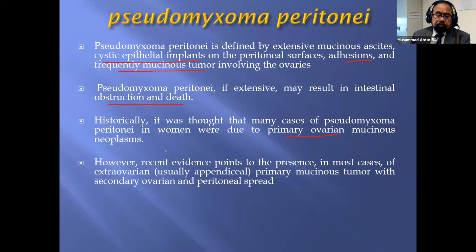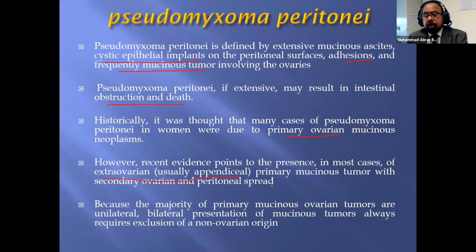But now, recent evidence points to the presence, in most cases, of an extra-ovarian, usually appendiceal origin, the primary mucinous tumor with secondary ovarian and peritoneal spread.